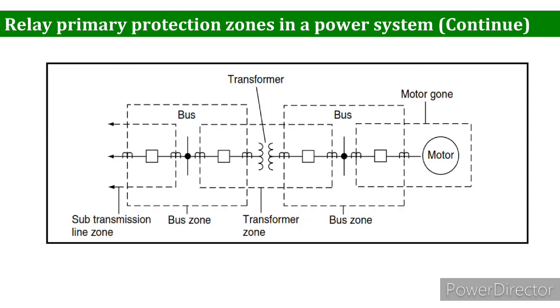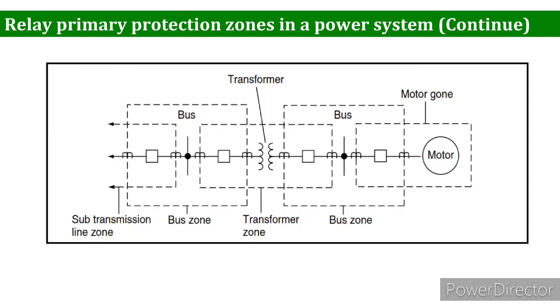You can see we have the unit generation generator transformation zone, transformer zone, bus zone, line zone, and in the second figure, which is the same, you can see the sub transmission line zone, bus zone, transformation zone, along with bus zone and motor. You can see this is the complete hierarchy, or you can say that it will start from the generation to the last section, which is the motor section.